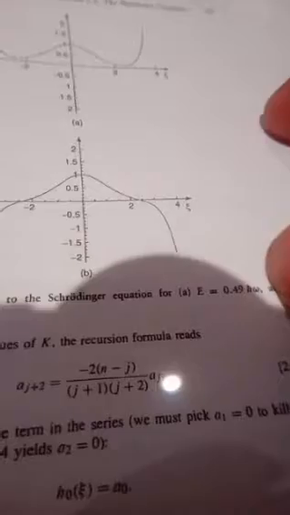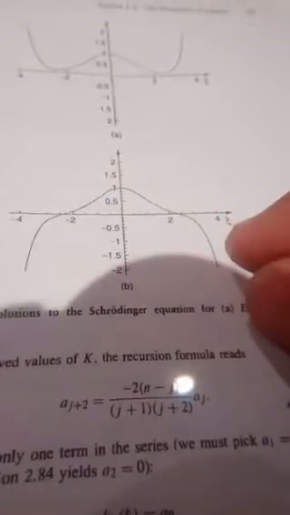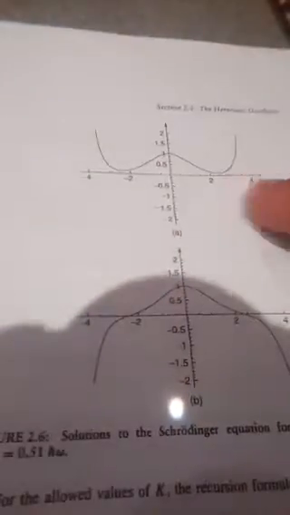For example, here's one particular energy. If you put the Schrödinger equation in and you get that the energy is 0.49 h omega, you get this. So these are the possible energies over time. And that's another one. It looks like a person's face looking from the top. That's their eyes and that's their nose, and they're looking this way.